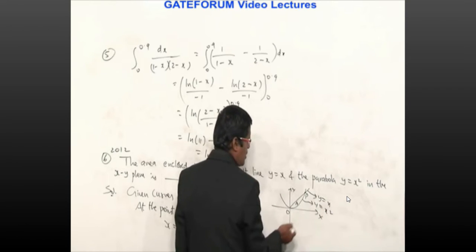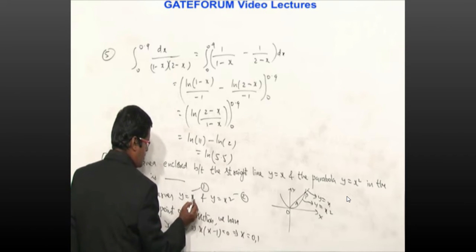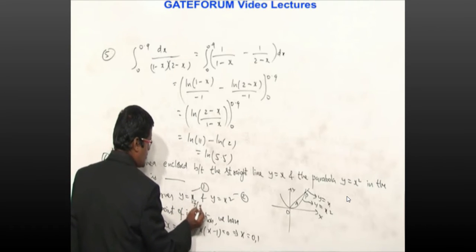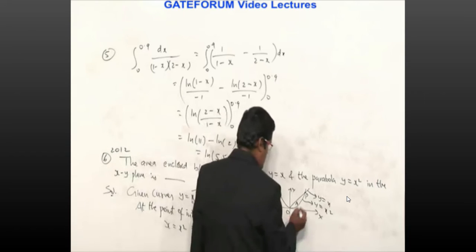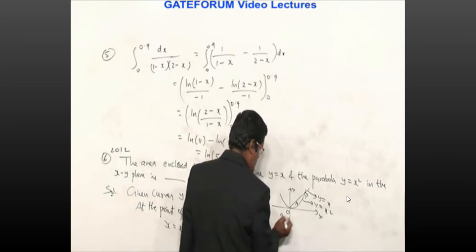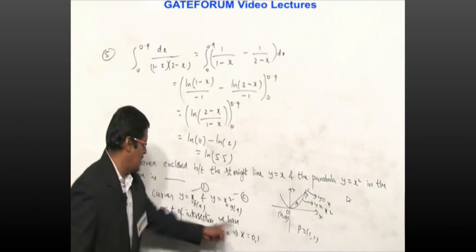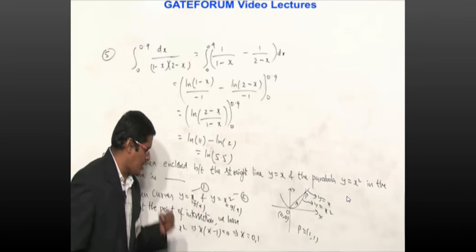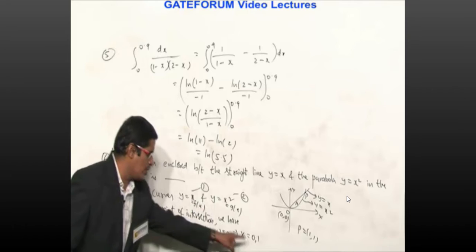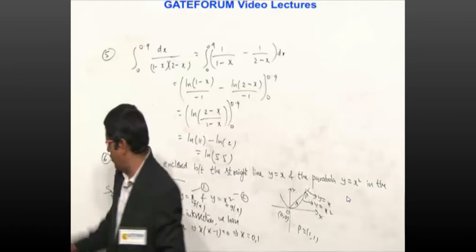So the straight line is the upper curve. So automatically this is f of x and this is g of x. Okay, so the origin coordinates are (0,0) and P coordinates are (1,1). Just see, when x equal to 0, if you put it in any one of the curves it gives the corresponding y value. So x 0, y 0, x equal to 1, y is equal to 1. So (0,0) and P (1,1) are the points of intersection.